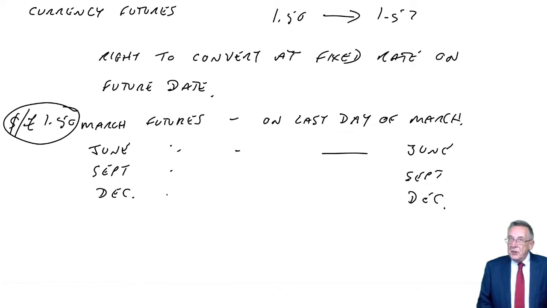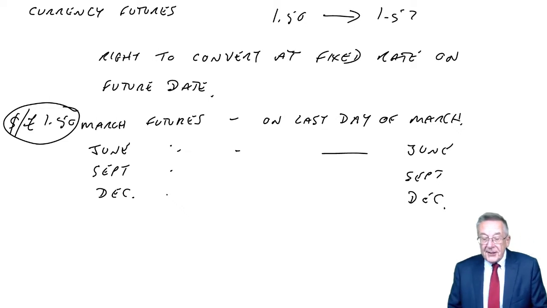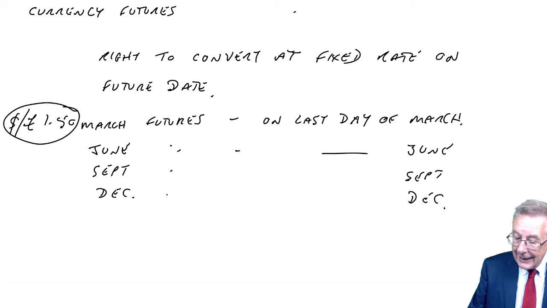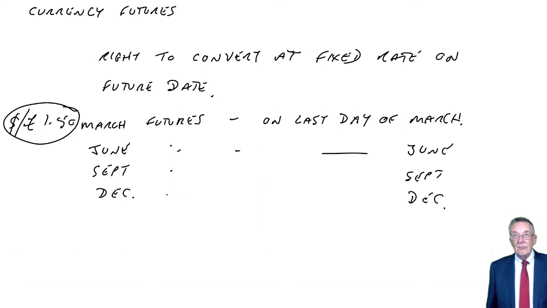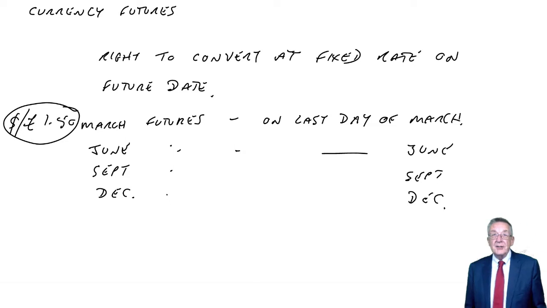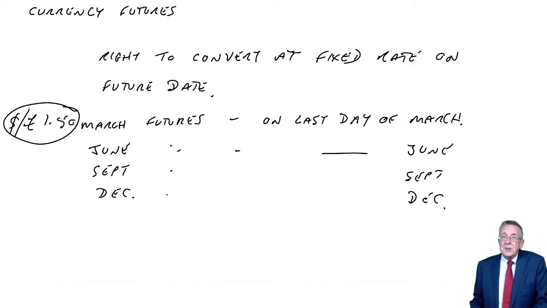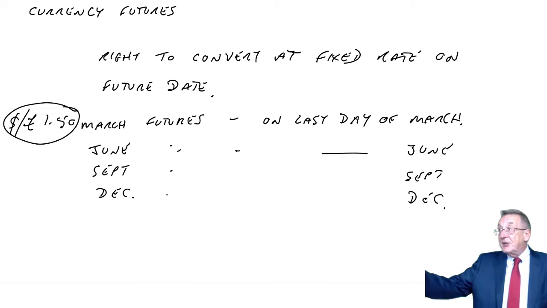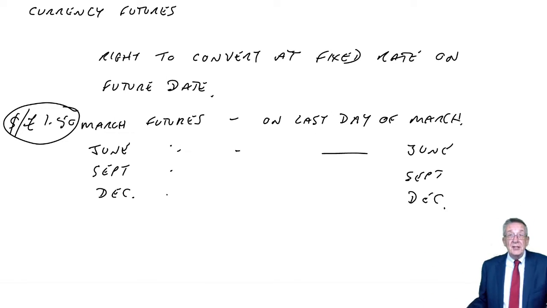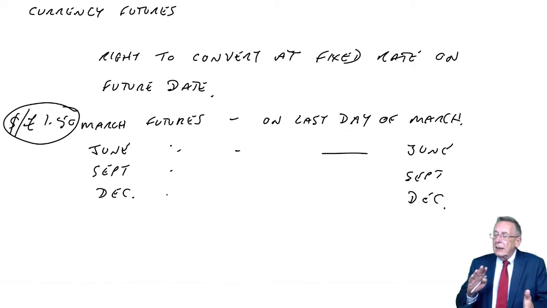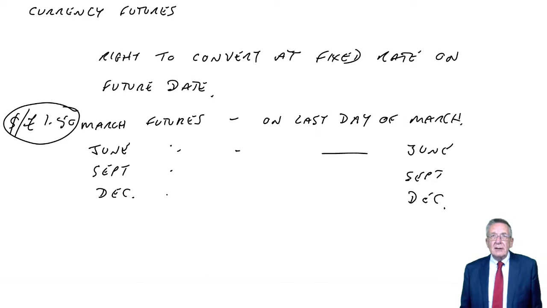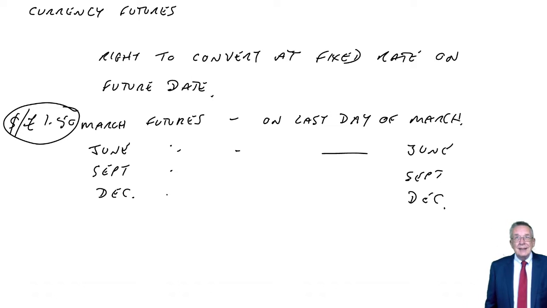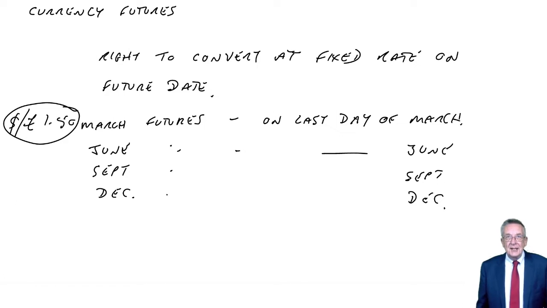Well, the beauty of futures, certainly for a gambler or a speculator, is that if today's futures price happens to be $1.50, the right to convert money at $1.50 at the end of March, if you thought that price was going to go up, buy futures today at 150 and sell them next week at 152. But unlike speculating on the currency itself, with futures, you don't settle up until the end.